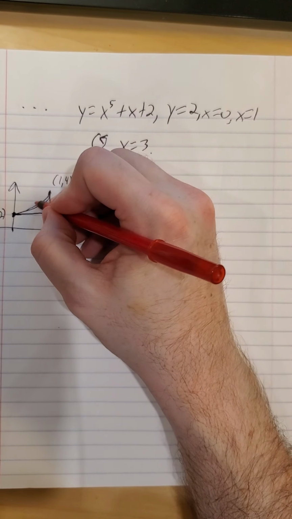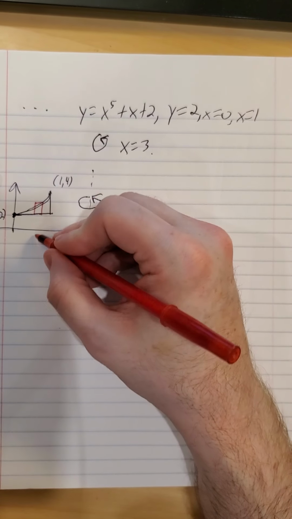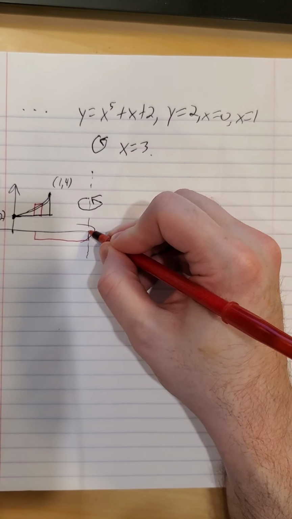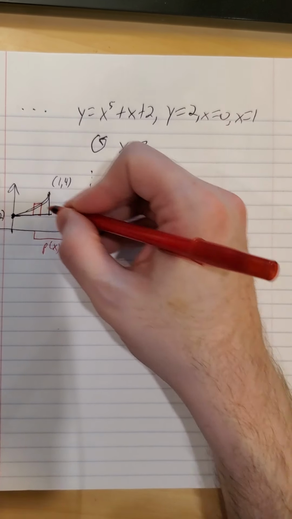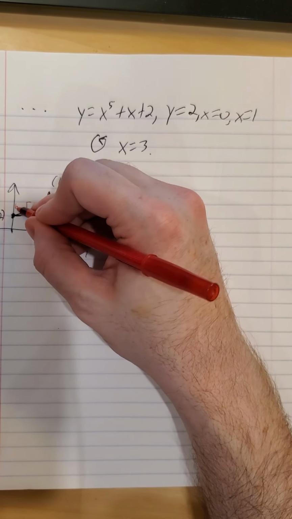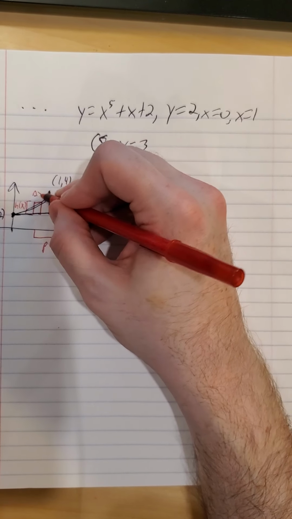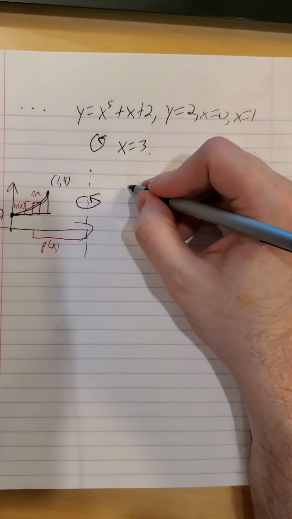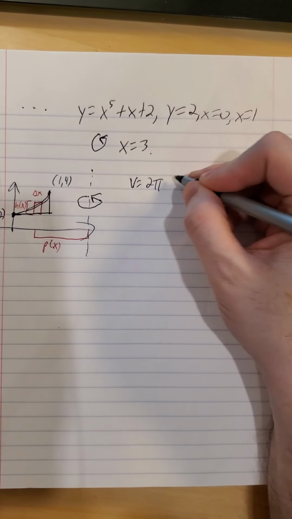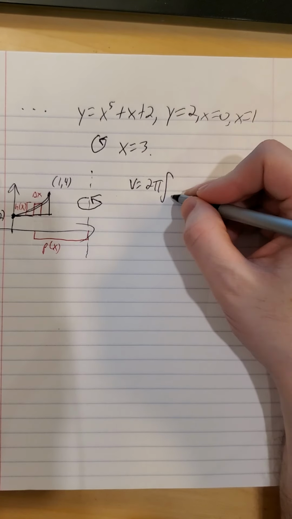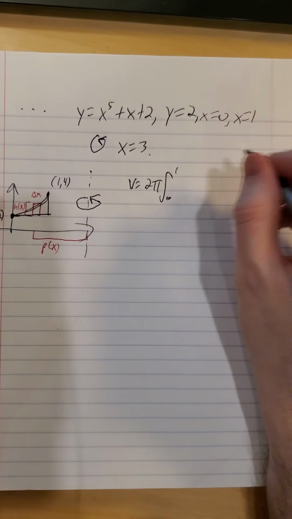So our representative rectangle, here's our p of x, h of x, again only going down to here, and delta x. So our volume, 2 pi, since we're using the shell method, integral from, we're told, 0 to 1.